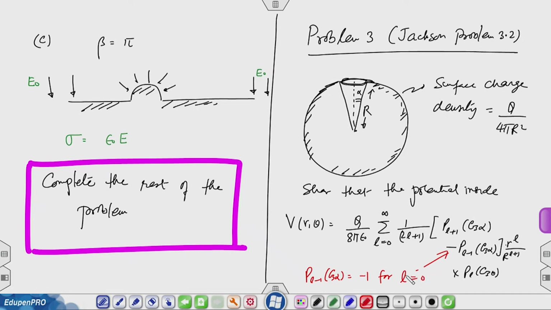And then they want you to find the potential outside and the electric field at the center. So, let us see how do we go about doing this problem.